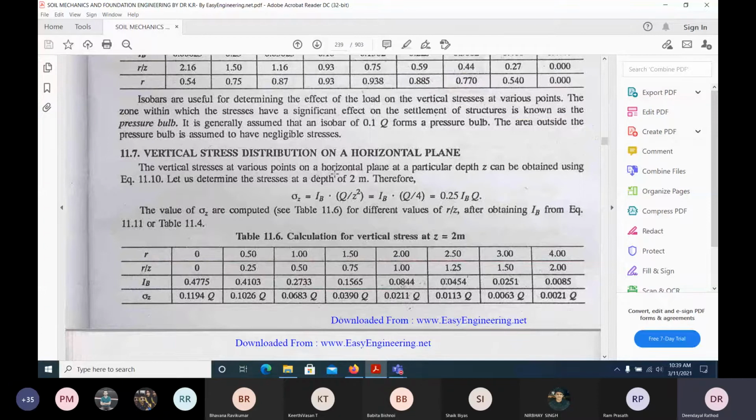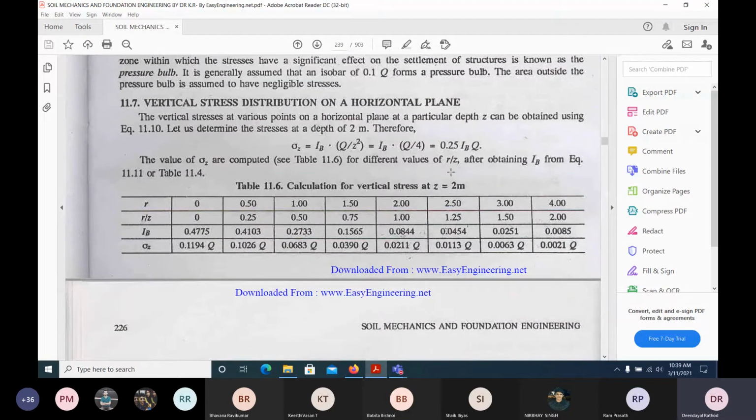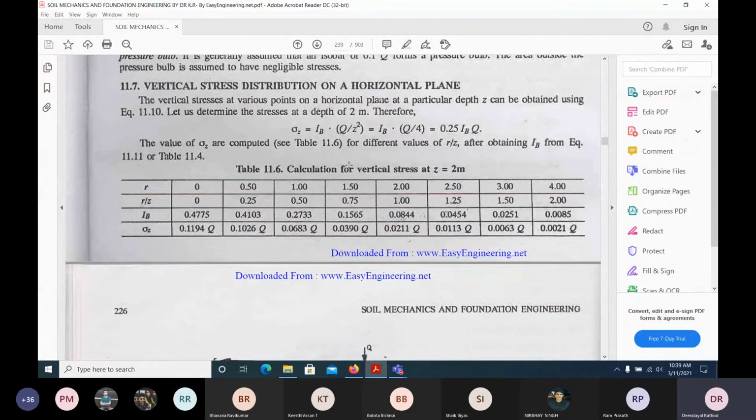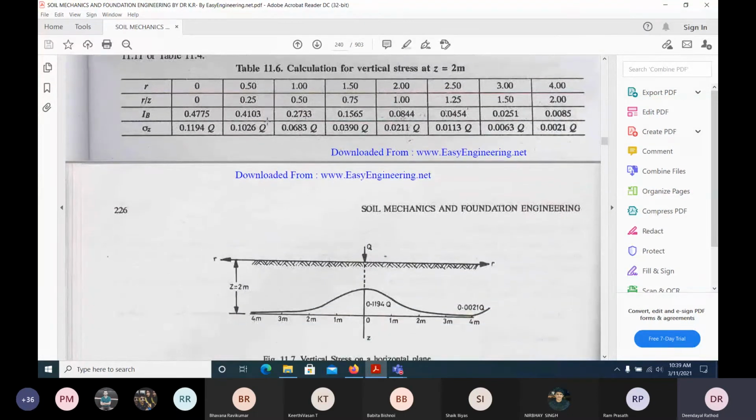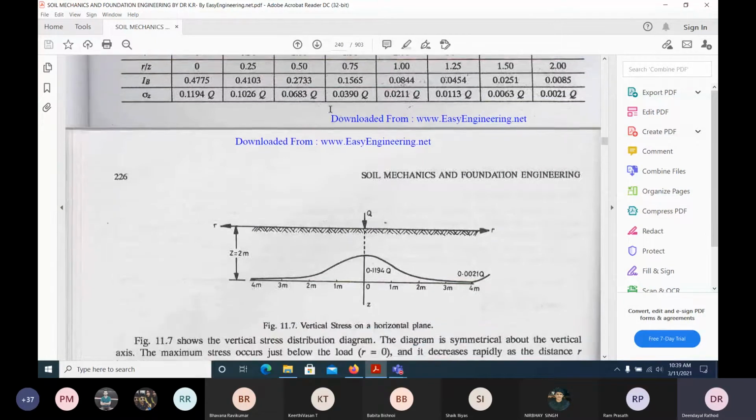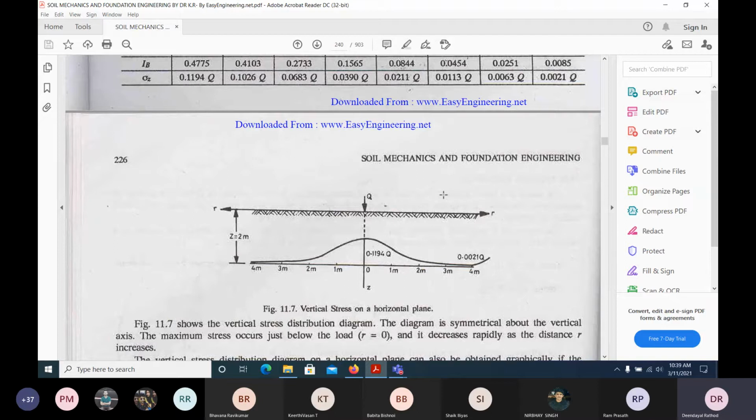So let us determine the stresses at a depth of 2 meters. Suppose we assume z is 2 meters, and we'll do the calculation, r by z and IB and everything. When you calculate it in tabular form, the vertical stress sigma z looks like this. This is common sense, right?